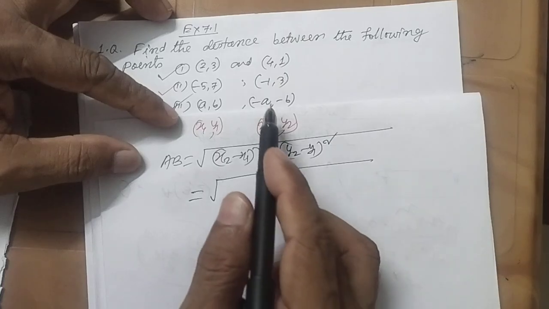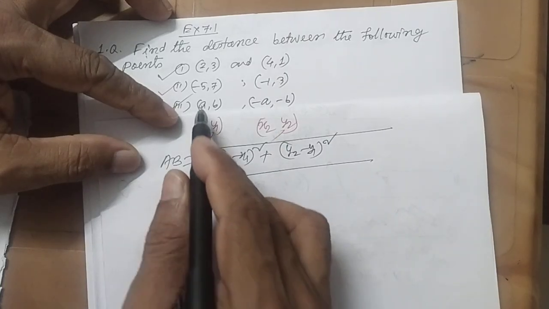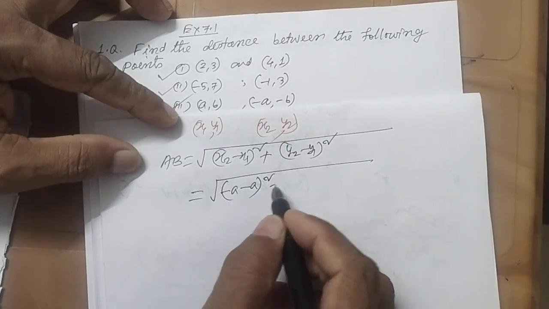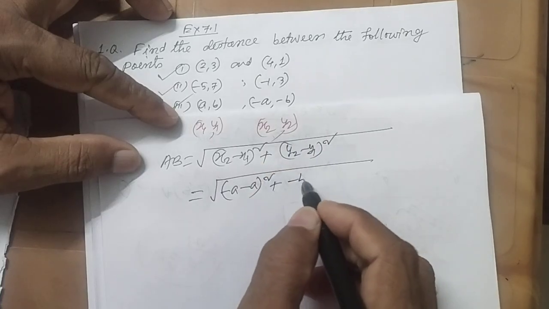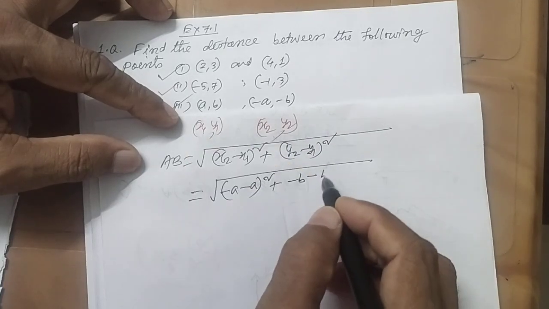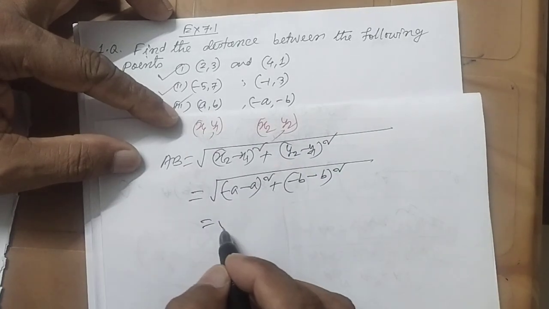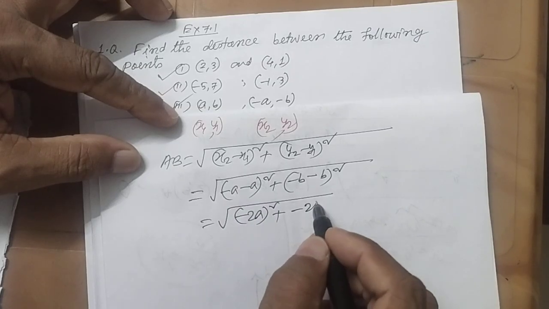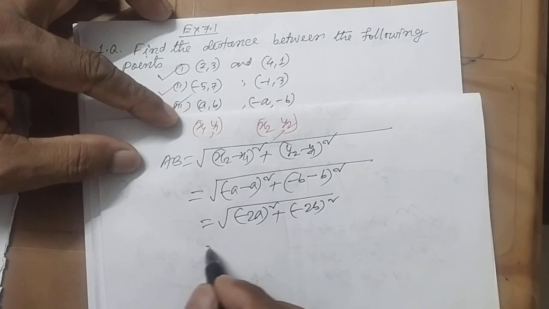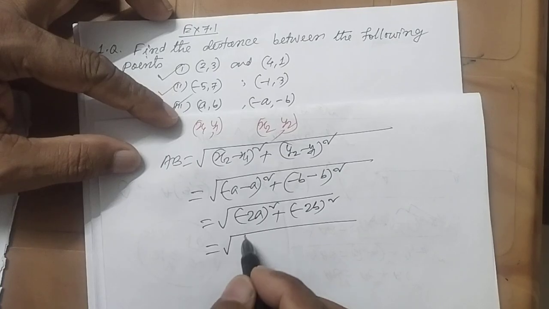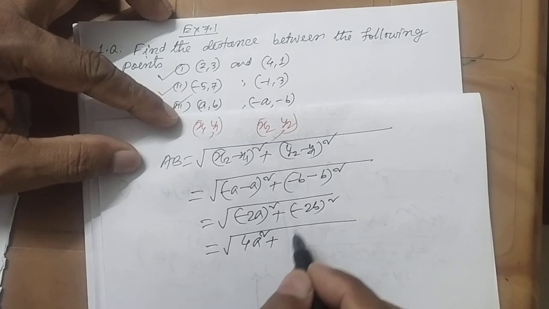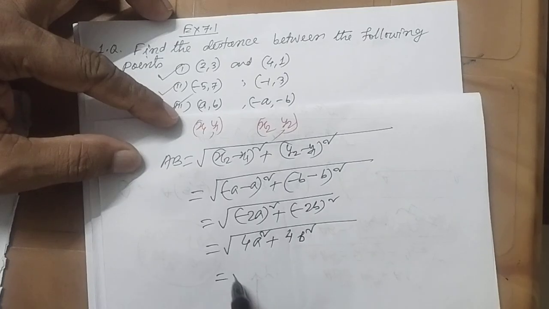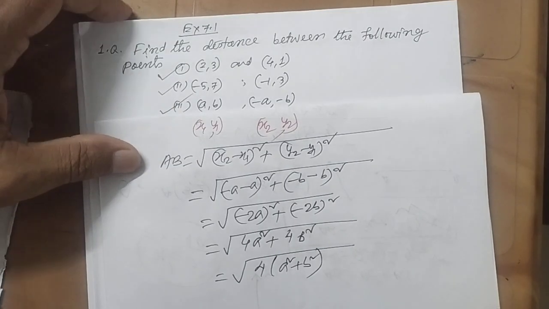See the values. x2 is minus a, minus x1 is a, whole square, y2 is minus b, minus y1 is b again, square. So it is minus 2a square and minus 2b square. See, minus square is plus, 2 square is 4a square, and here also minus square is minus into minus is plus, 4b square. Then 4 is common, a square plus b square.